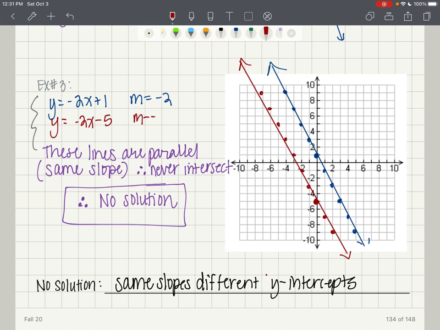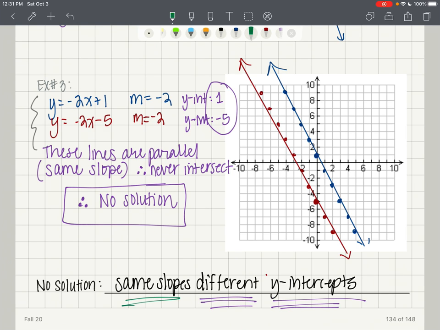Our slope for the second one is negative 2. But the y-intercept is 1. The y-intercept is negative 5. Those are different. So different y-intercepts, yet the same slope.